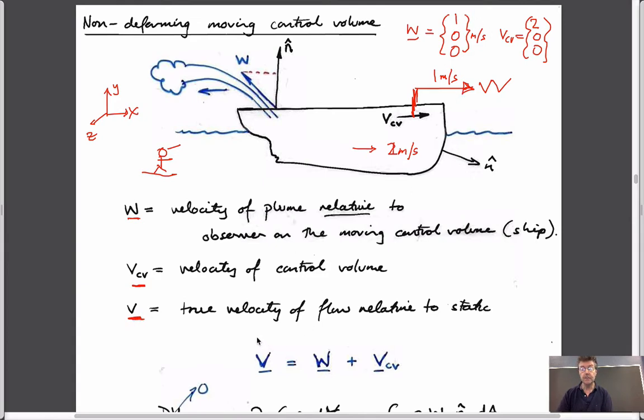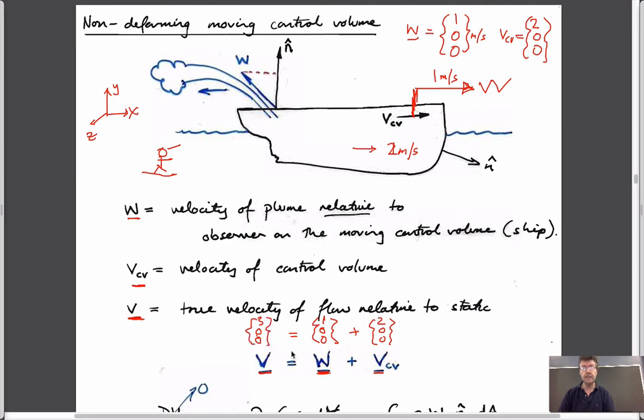This velocity is equal to the squirting velocity out of the ship plus how fast the ship is going. So the vector sum is 1, 0, 0 plus 2, 0, 0 equals 3, 0, 0. That's all it is.